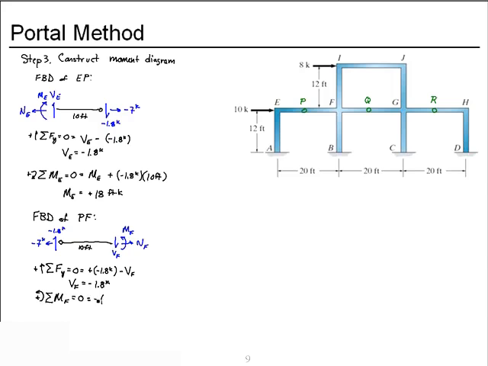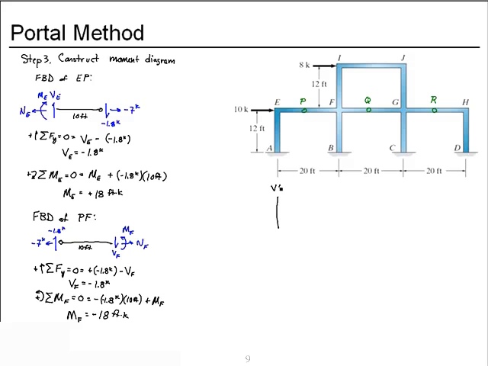And so I have a minus, because it's not in that same direction, and a minus 1.8 kips through 10 feet, plus my unknown moment at F. So my moment at point F is a minus 18 foot kips.